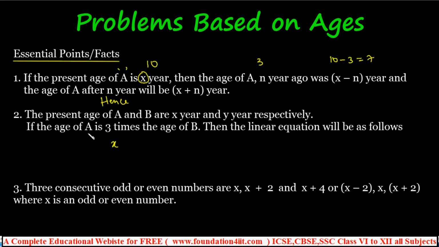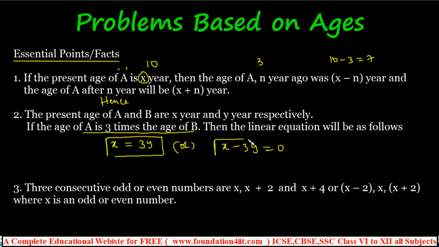From the statement only we can make the linear equation. Age of A is x, and A is 3 times B, so x is equal to 3y, or we can write this as x minus 3y is equal to 0 also. Either this or this.